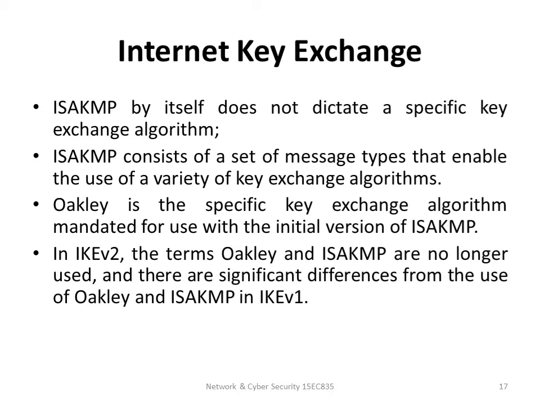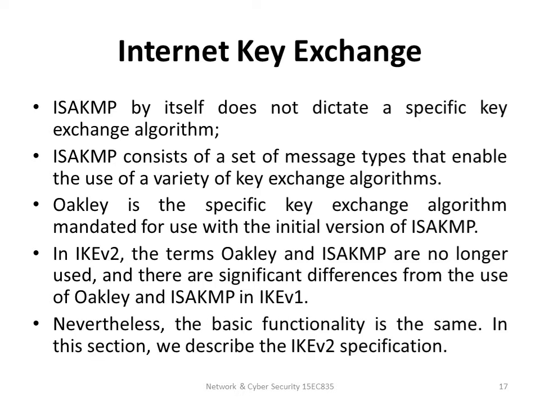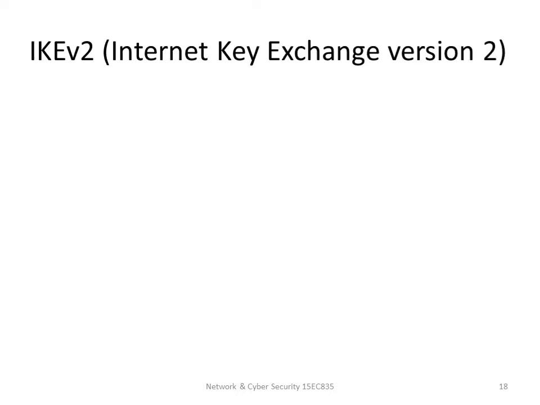In IKEv2, the terms Oakley and ISAKMP are no longer used, and there are insignificant differences from the use of Oakley and ISAKMP in IKEv1. Nevertheless, the basic functionality is the same. In this section, we describe the IKEv2, that is version 2, specifications.